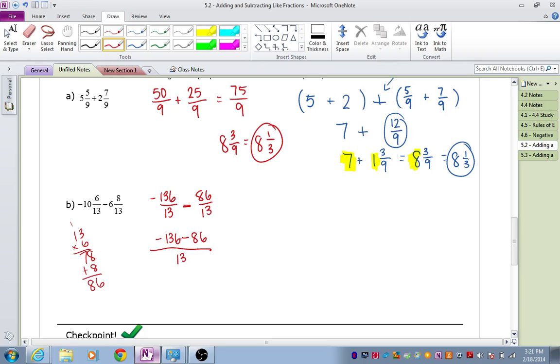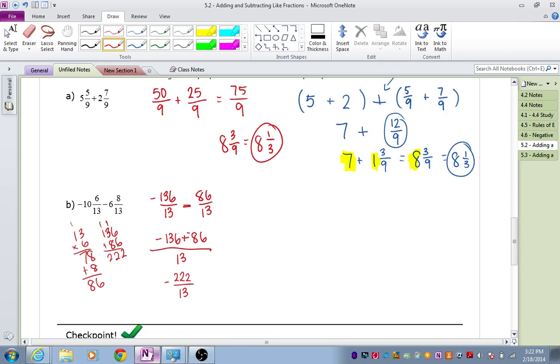Well, here we can change this to adding the negative. So really, we're adding our two numbers together. 6 plus 6 is 12. 1 plus 3 is 4. 4 plus 8 is 12. And 1 plus 1 is 2. So we get negative 222 over 13.